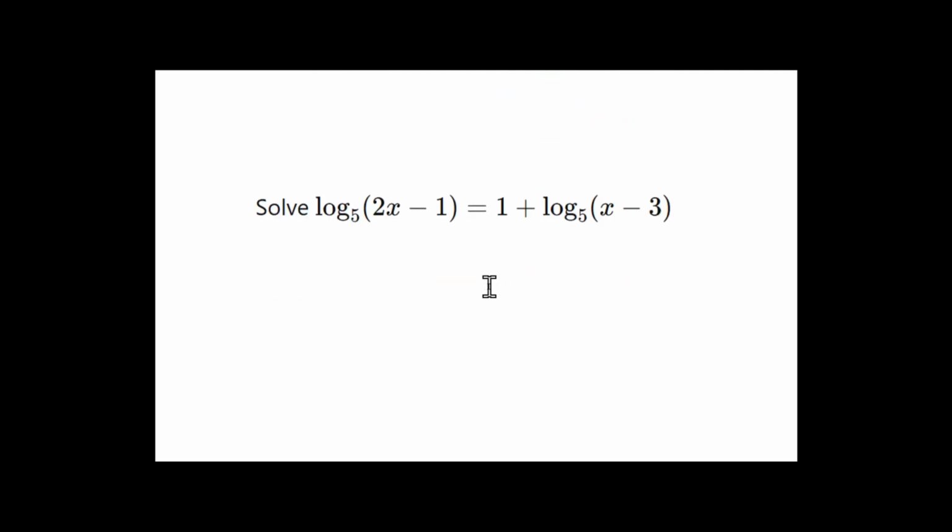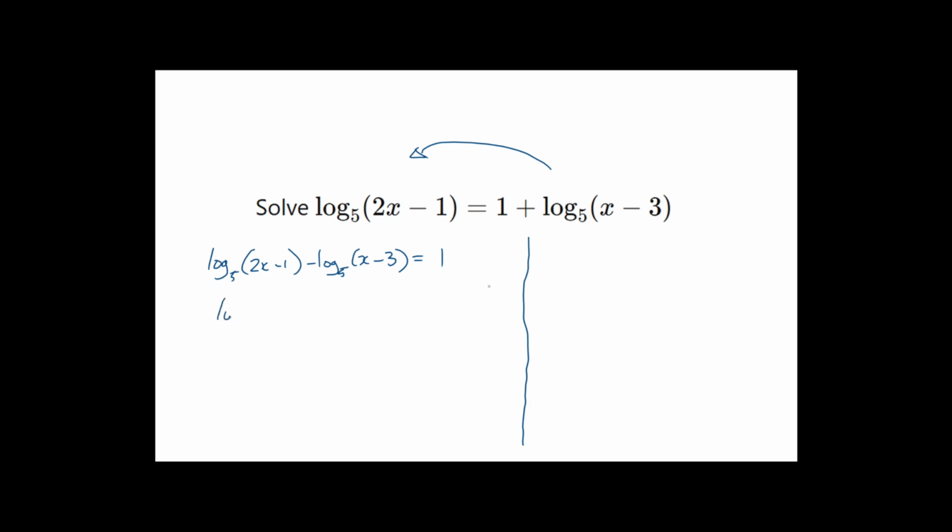Okay. Looking at this one, I can see two ways of doing this one as well. Let's split it in half. So we could bring this log over to this side. So we would have log base 5 of 2x minus 1 minus log base 5 of x minus 3 equals 1.